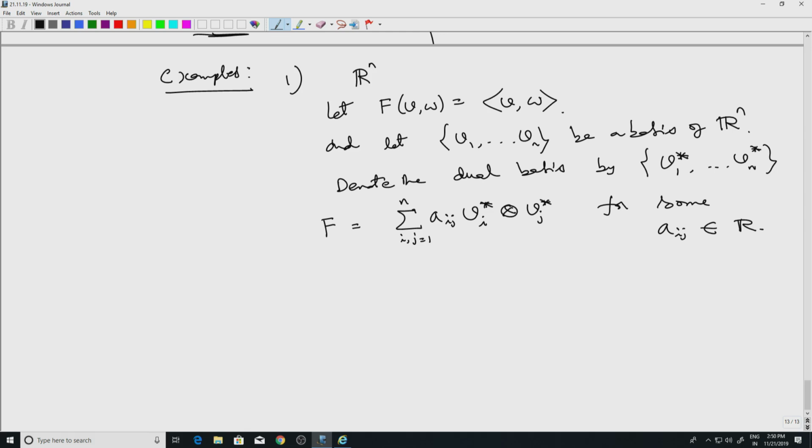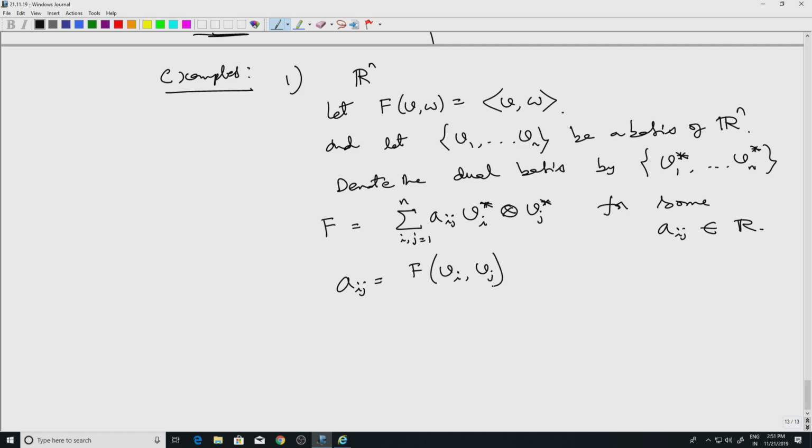One can say something, since the proof gave us exactly what these aij's were. They were obtained by evaluating f on the corresponding basis vectors.